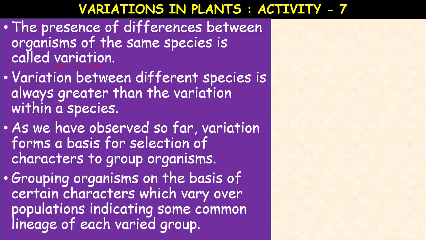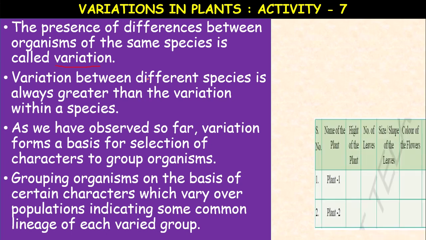Okay, grouping organisms on the basis of certain characters which vary over populations, indicating some common linkage or common lineage of each varied group. Okay, so first observation. So after the observation, selection of the characters, then based on the characters you can group the organisms.